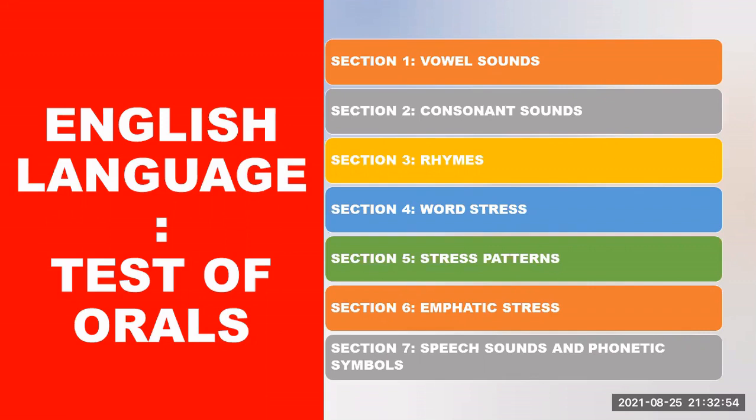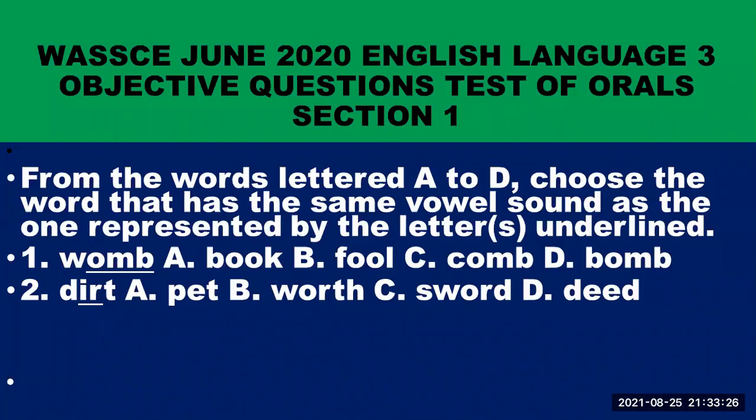In section 5, stress patterns. In section 6, emphatic stress. And in section 7, speech sounds and phonetic symbols. All right? Again, you will find various videos that I have uploaded that will give you a detailed explanation of these various sections of the English language part 3. Now let's look at some of them.